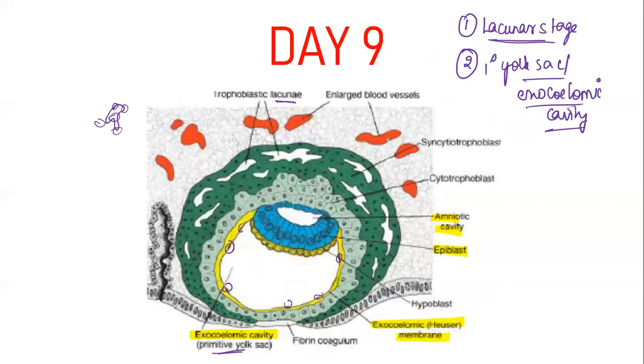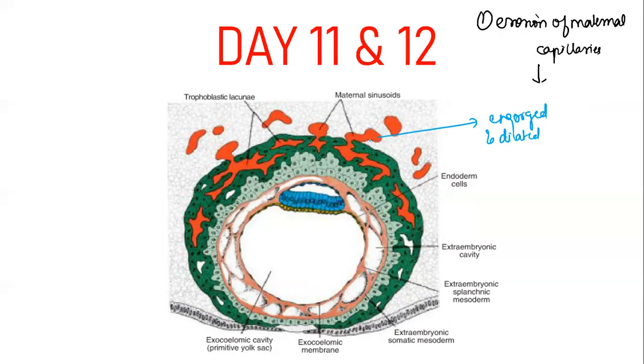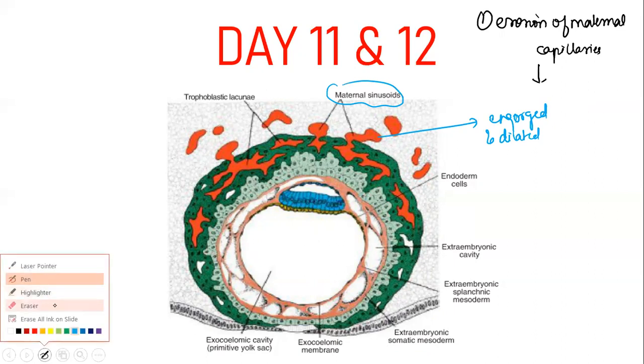See here, the lumen is very thin, but because of the invasion, it has become very engorged and dilated. So these are called sinusoids. As a result of erosion of the maternal capillaries by the invading trophoblastic cell layer, there is formation of sinusoids. These sinusoids communicate with the trophoblastic lacunae.